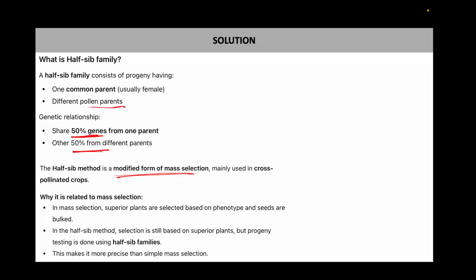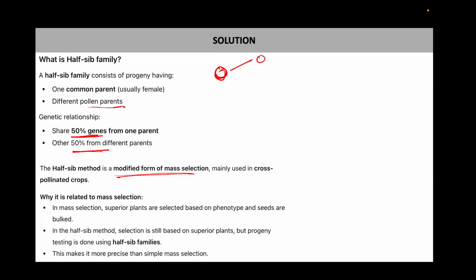So how is it related to mass selection? In this case also, a superior plant is selected on the basis of phenotypes only, and then the seeds are bulked. But in the half sib method, selection is based on superior plants, but the progeny testing is done on half sib families because, see, this is the common female. Okay.